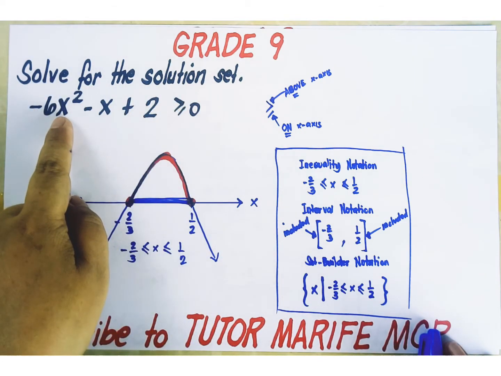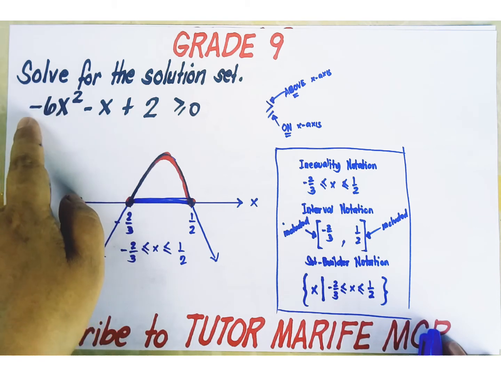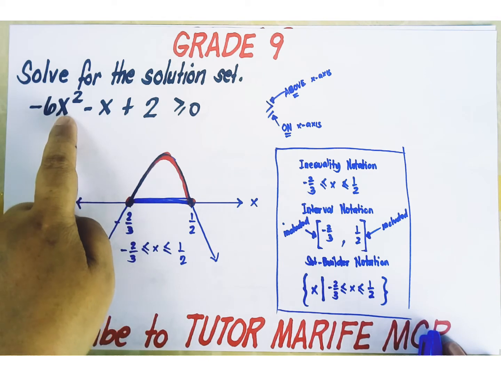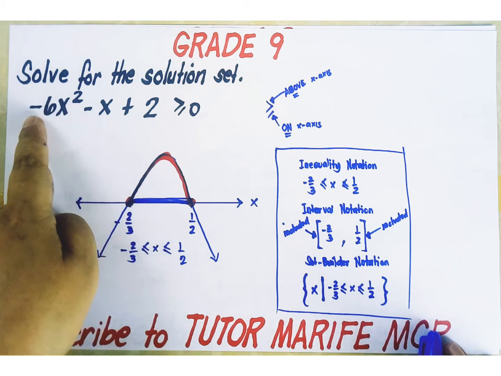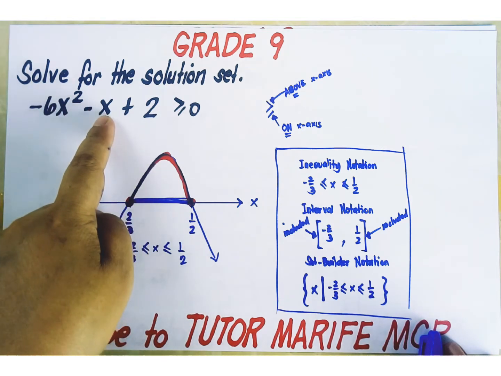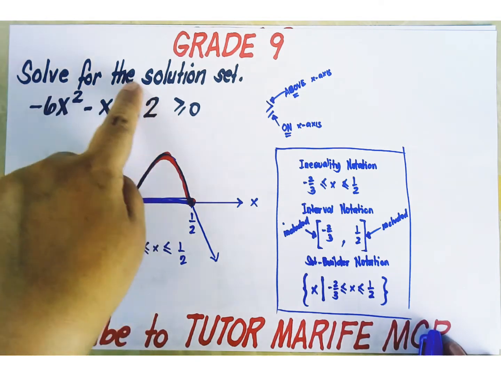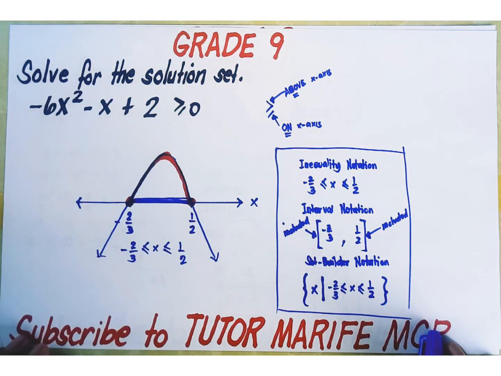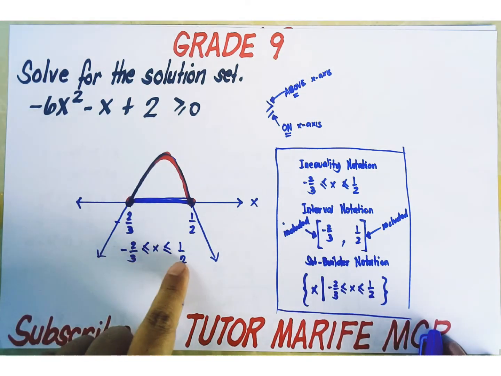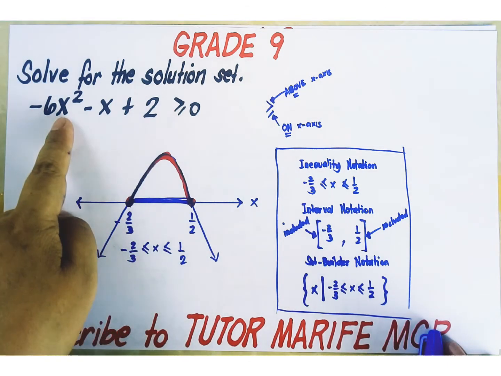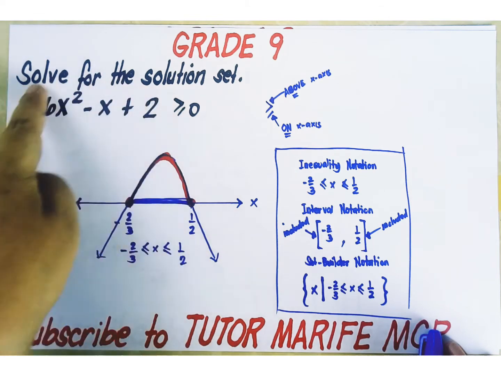If you substitute 0 into x, the first term becomes 0 because 0 squared is 0 and any number multiplied by 0 is 0. This is 0, 0 minus 0, still 0. And we're left with positive 2. Is positive 2 greater than 0? It's true.